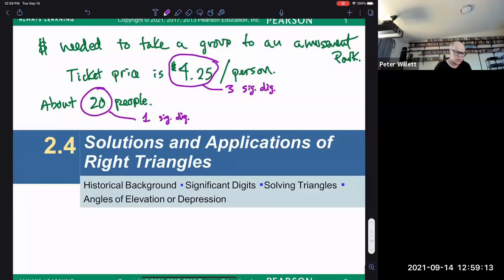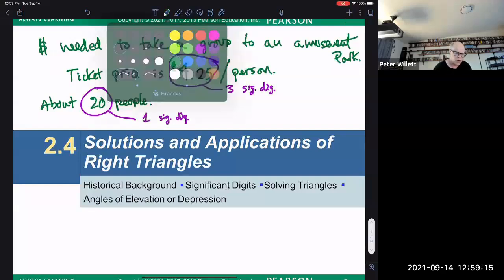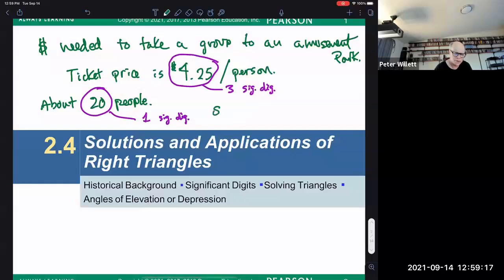So if we put those things together and then we try to talk about how much money is needed, well, if you have the price per person and you have 20 people and you put those things together, you would multiply how many people times the price.